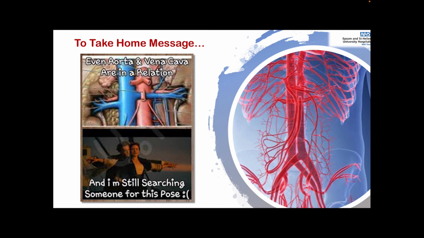If you find triple A in the first view, you can stop because you diagnosed it, and that's it. That's the most important thing. Bowel gases are the most common finding. They interrupt our view to see a normal picture of the abdominal aorta.